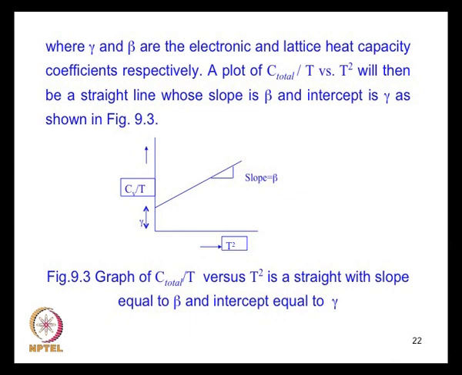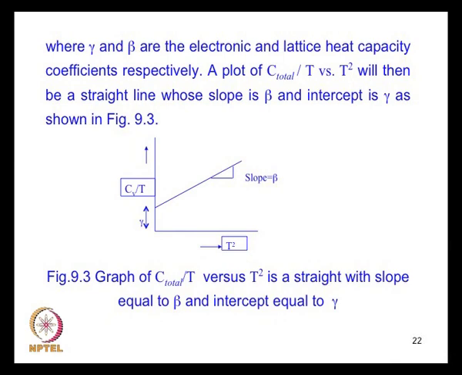It will be the total specific heat, which includes the contribution from the electrons and also from the lattice of ions or the atoms in the solid, and that, as we will see later, is given by the Debye theory of specific heats, with a T cube dependence. So, the overall behavior is given by a relation of this kind, C total.